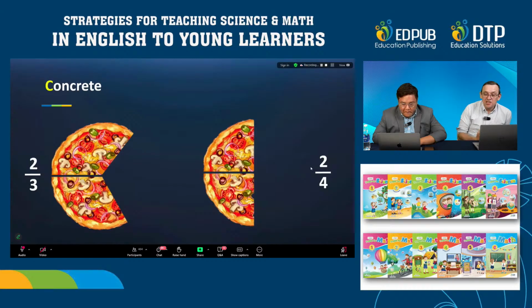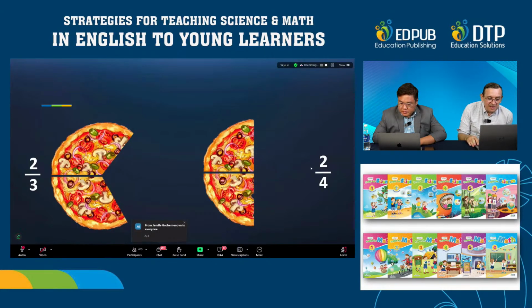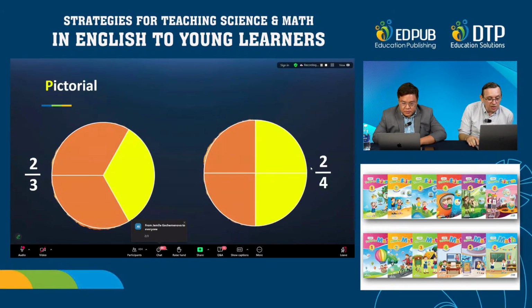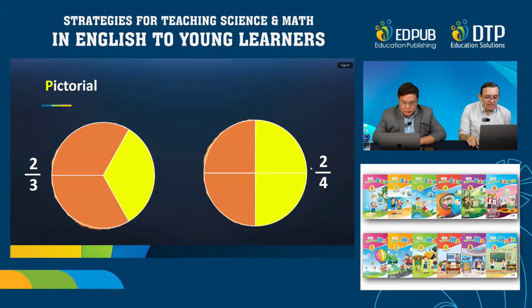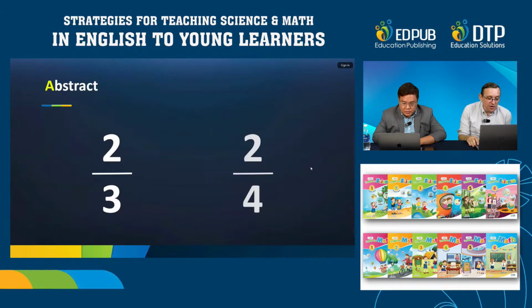Now students can visualize very clearly that 2/3 is greater than 2/4. Now in the pictorial stage, we use circles. And you can see now we're transitioning to the abstract. And in the abstract stage, we use the pure numbers. So we can say that 2/3 is greater than 2/4.